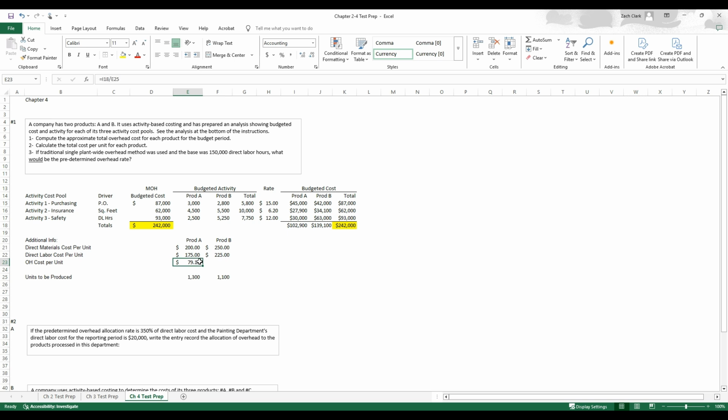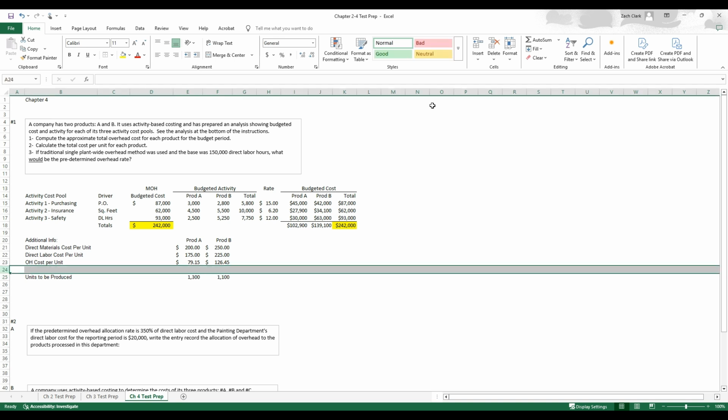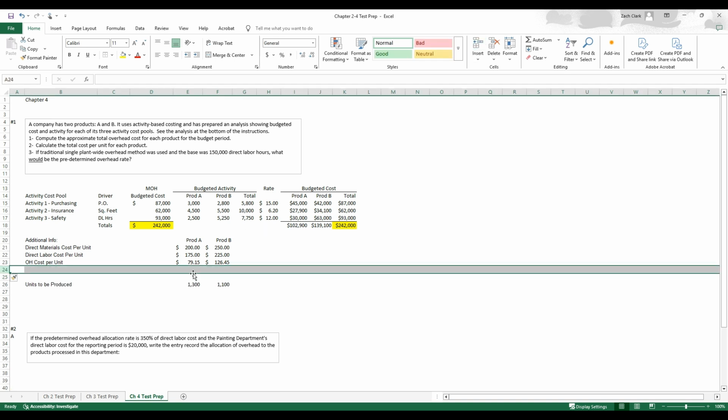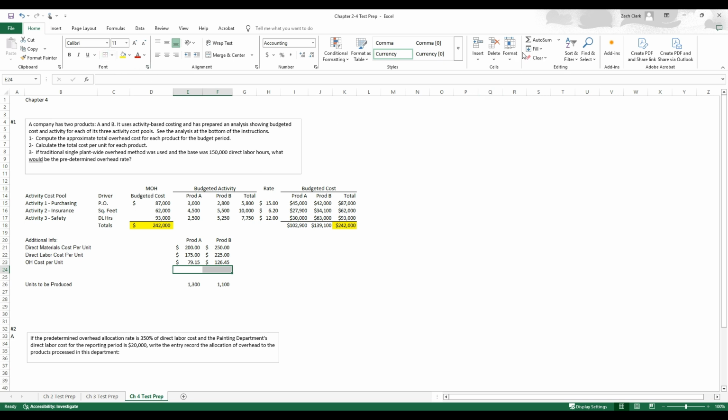So then we get 79.15 for overhead per unit for A, and 126.45 for product B. And then if we want to know the total cost for the products, adding all the relevant cost factors of material, labor, and overhead, then we just add those all together, you can see. And we end up with $454.15 for product A and $601.45 for product B.